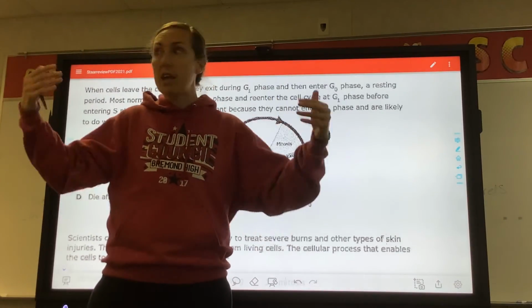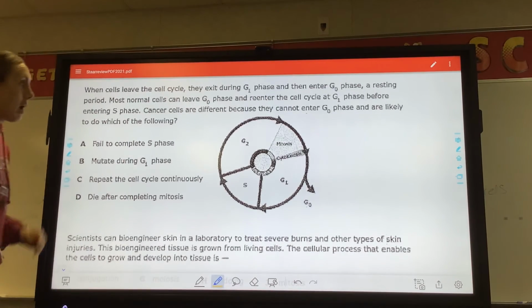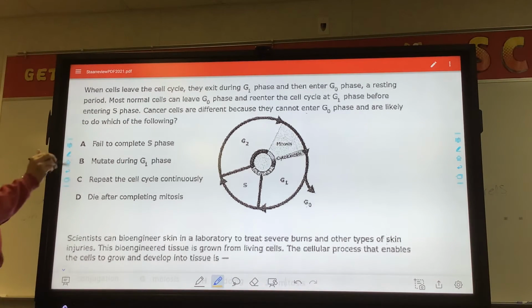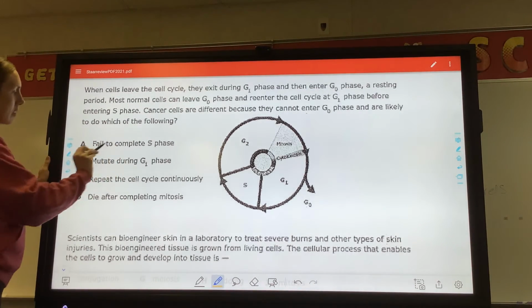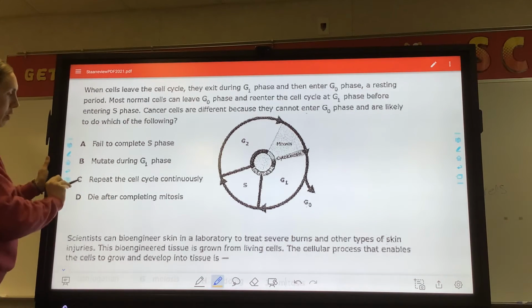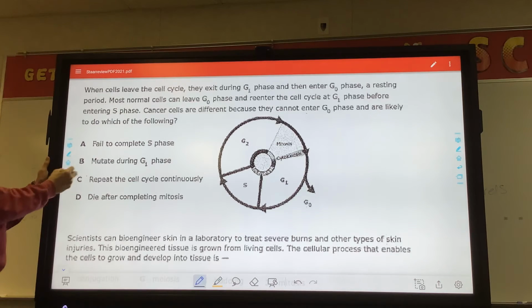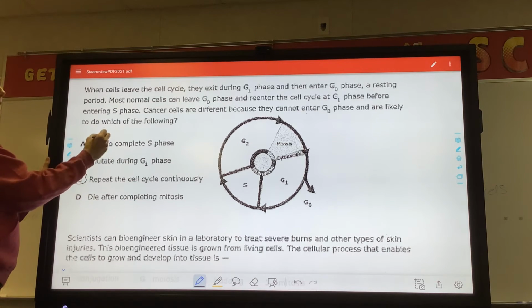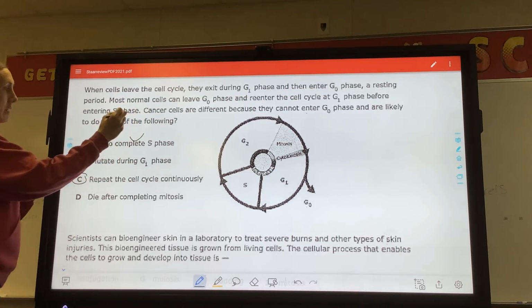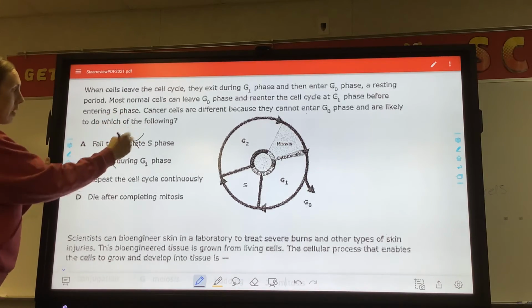They don't stop. They don't have any of that machinery. So ready? Do cancer cells fail to complete S, mutate during G1, repeat the cell cycle continuously, or die after completing mitosis? Yeah, we wish they died. They complete it too many times. They don't mutate, okay?